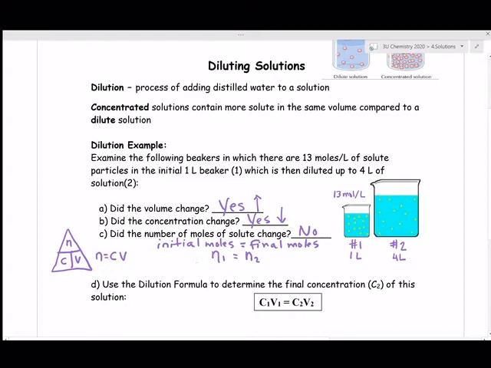So let's just plug instead, let's say C1V1 is equal to C2V2. So the initial set of conditions for concentration and volume are going to be equal to the final set of conditions. So that is our dilution formula, which I have right here in a box for you.